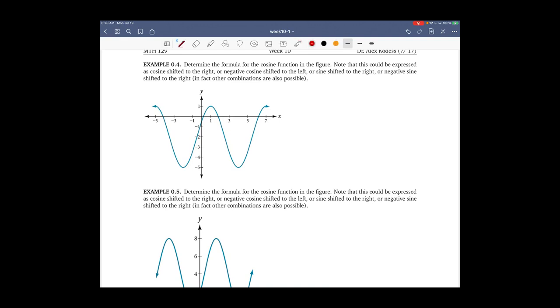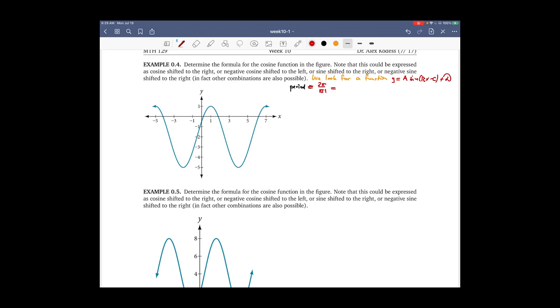And again, we look for this function in the form a sine bx minus c plus d. So the period here is, on the one hand, 2 pi over the absolute value of b.